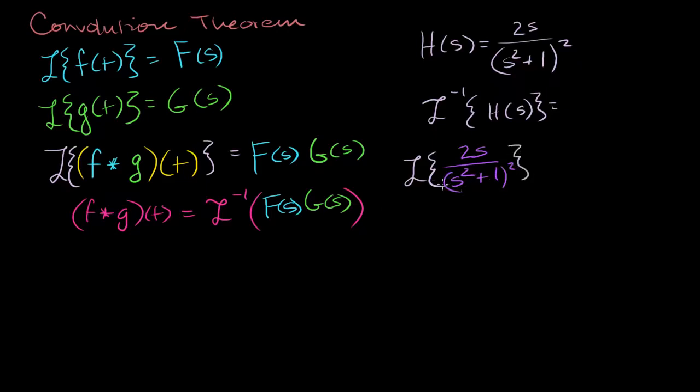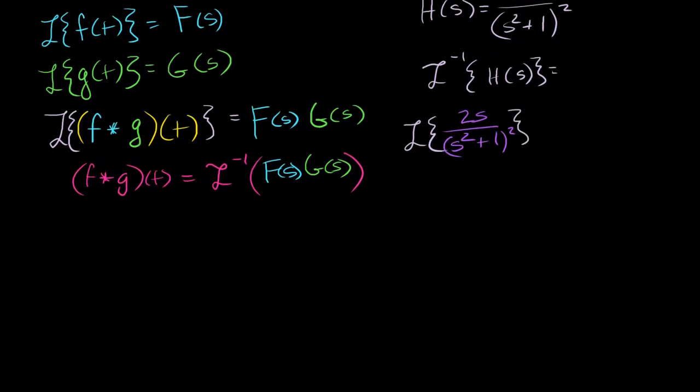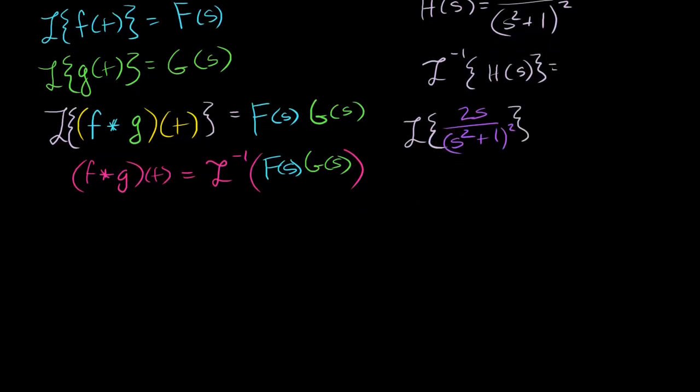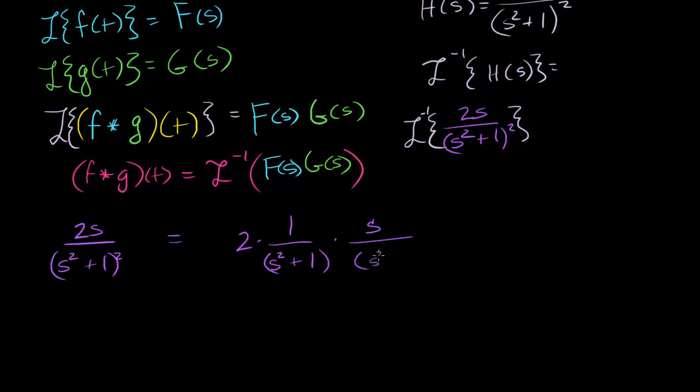Now, can we write this as the product of two Laplace transforms that we do know? Let's try to do it. So I can rewrite 2s over s squared plus 1 squared as 2 times 1 over s squared plus 1 times s over s squared plus 1.